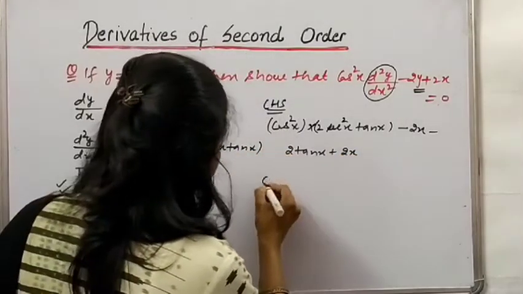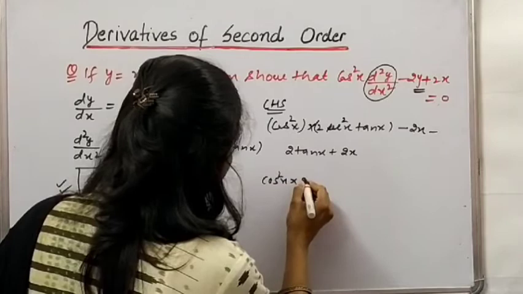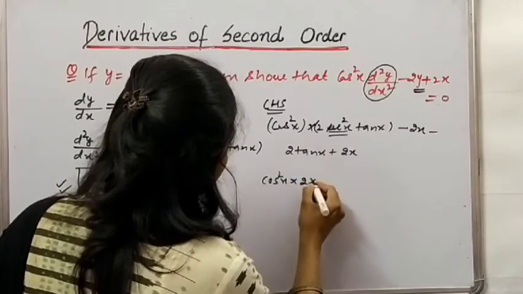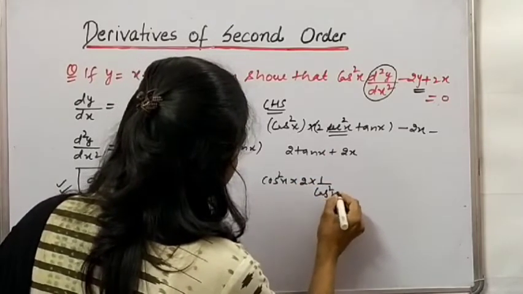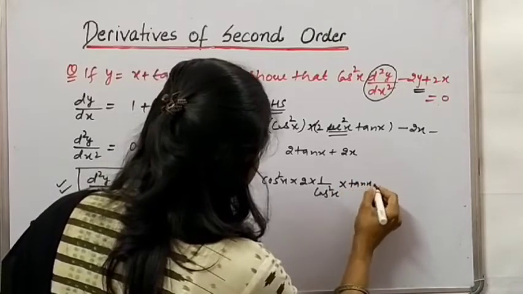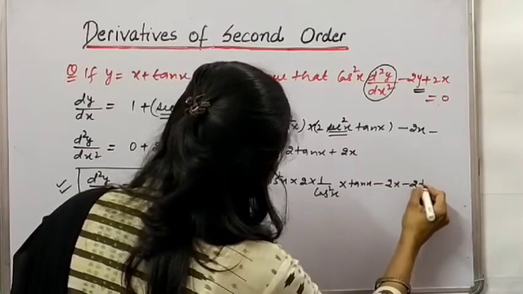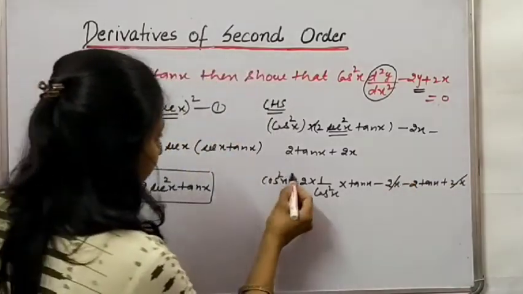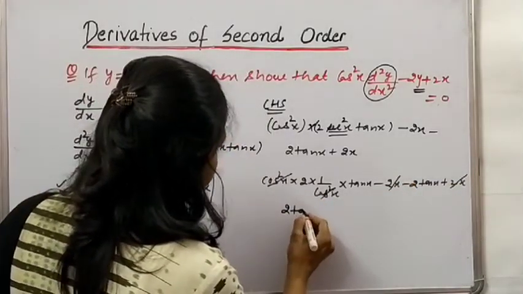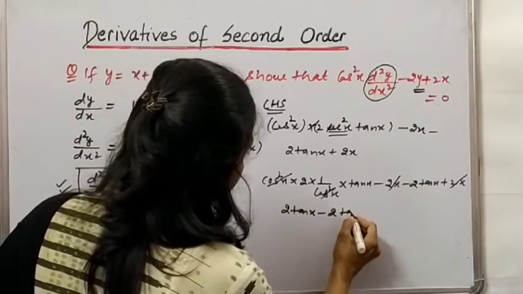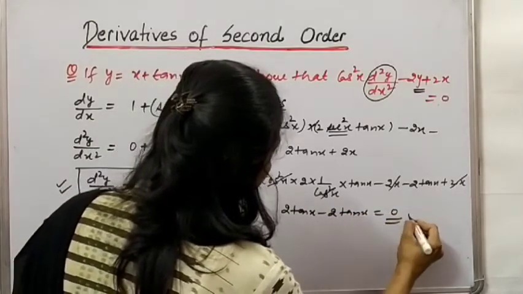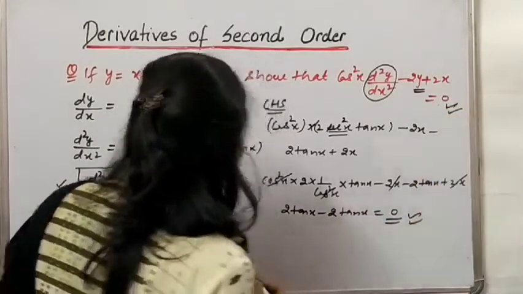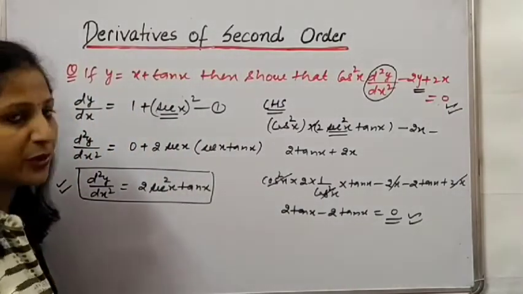After simplification we will get cos square x into 2, and we can write secant square x as 1 by cos square x, into tangent x minus 2x minus 2 tangent x plus 2x. From here we will get 2 tangent x minus 2 tangent x, and finally it will be equal to 0. So we have proved this whole expression is equal to 0, right students?